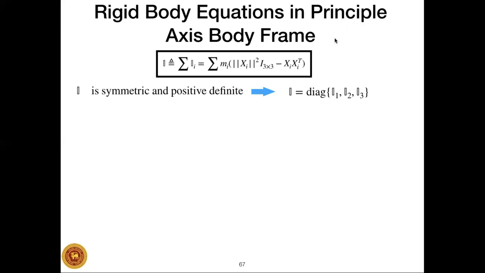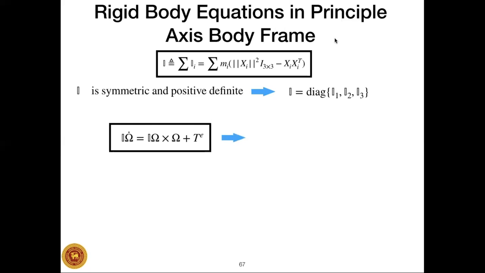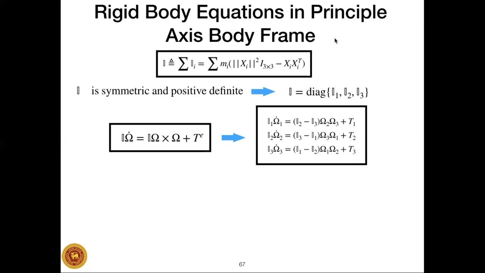of this inertia tensor. Now, if you align your body frame so that the axes align along the principal axis directions, or the eigenvectors of this matrix, then you get a very simple form. So I is a diagonal matrix. You write down Euler's equations using the diagonal matrix. They reduce to these three equations over here.